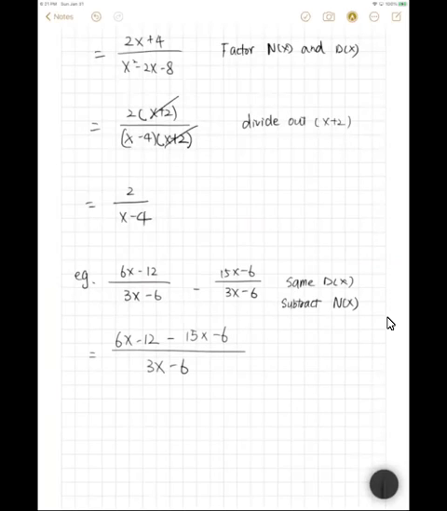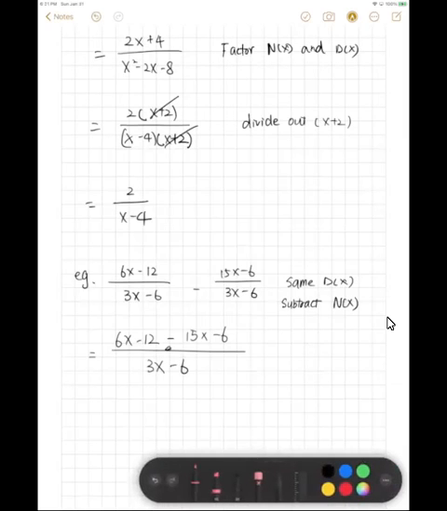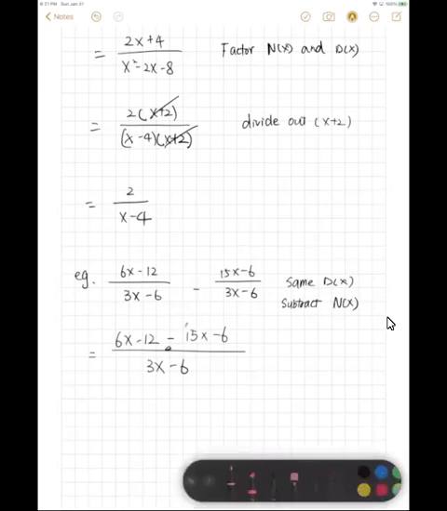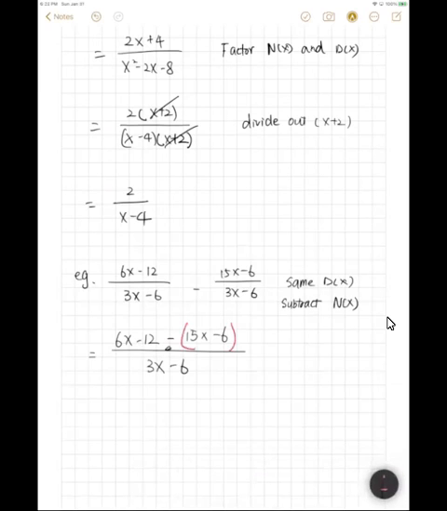Well, if you did it like that, you will make a tiny mistake because you're subtracting the whole second fraction's numerator. To avoid that kind of mistake, it is easier if we add parentheses, because when we remove the parentheses, the sign inside is going to change. If it's negative, it becomes positive.